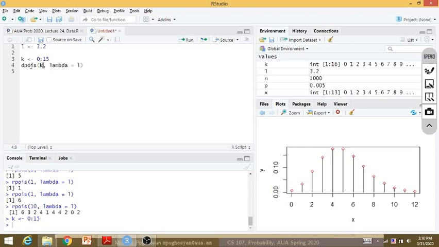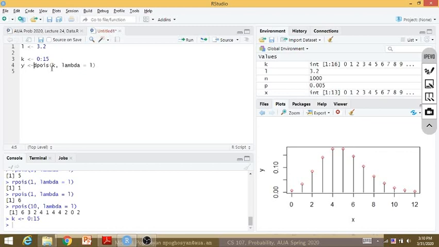Say I will calculate the probability of having 0 events under the Poisson 3.2 distribution, and then the probability of having exactly 1 event in this model, exactly 2 events, etc. So this will give a vector of probabilities, the PMF calculated at the points 0 to 15, and I'm keeping this, say, in y.